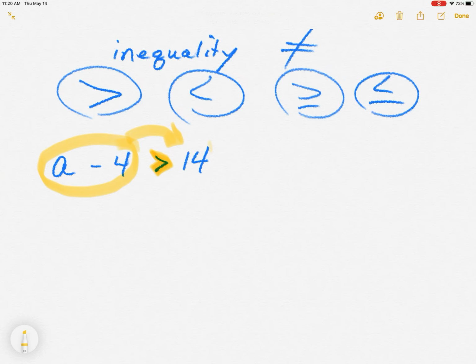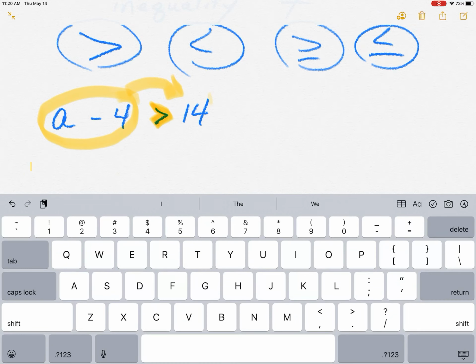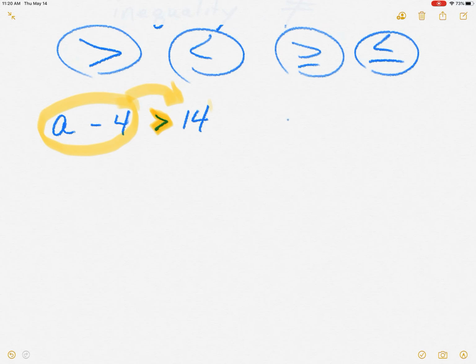We might see something that would look like this if we had a minus 4, and a sign that looked like that. Now what does that mean? Well, in this case, the inequality, the mouth, so to speak, is eating 14.